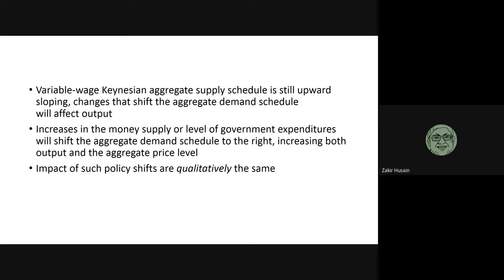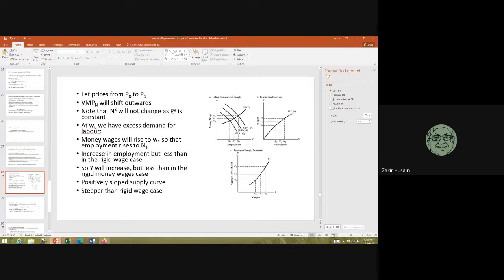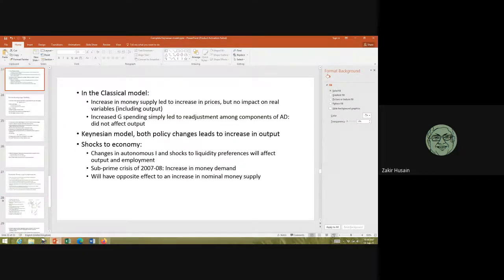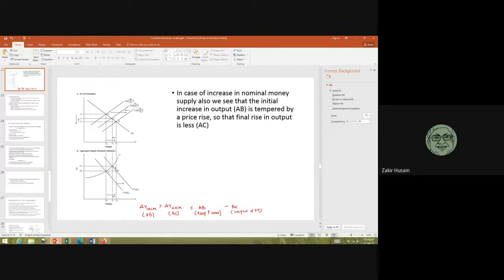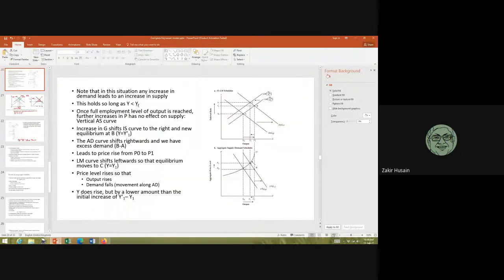If there's an increase in government spending, then the IS curve will shift outwards. We can just model this using the same thing like this. So this is the money supply. This is government spending. So we can model it just like this. Because the aggregate supply curve is upward sloping, only it has become steeper.